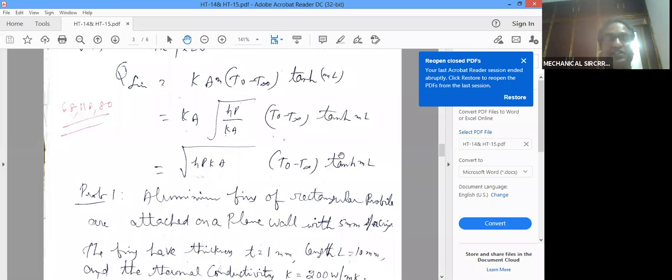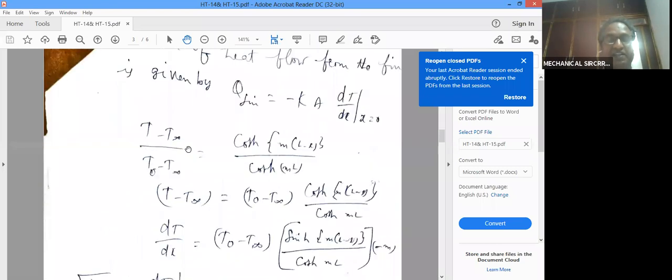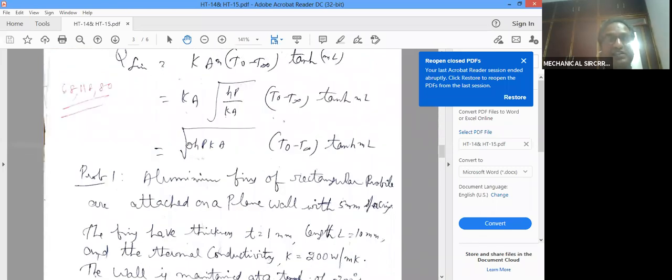So these two equations: the temperature distribution equation, T minus T free stream divided by T naught minus T free stream is equal to cosh m into (L minus x) divided by cosh mL, and the heat transfer rate for the insulated fin is equal to square root of hPkA into (T naught minus T free stream) into tanh mL.